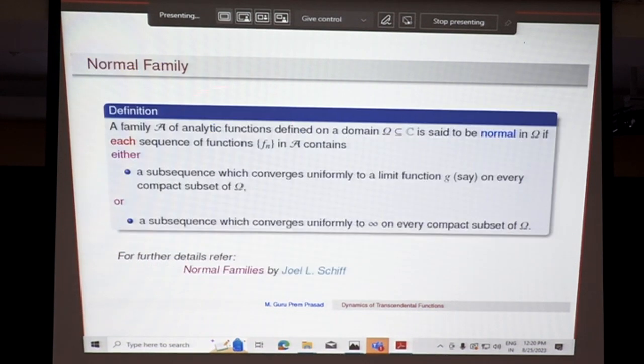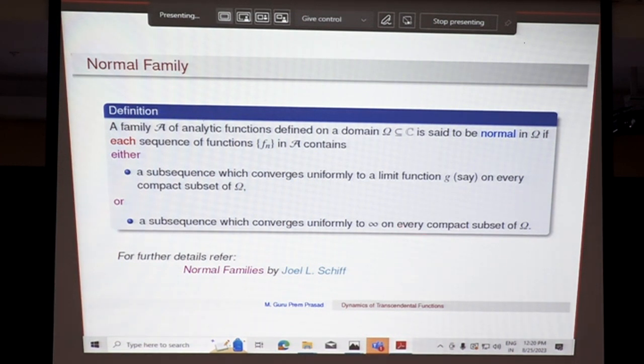Okay. So how is a normal family defined? You take a family of analytic functions on a domain D, and this family is said to be normal if every sequence of functions in this family contains either a subsequence which converges uniformly to a limit function on every compact subset of omega, or a subsequence which converges to infinity on every compact subset of omega.